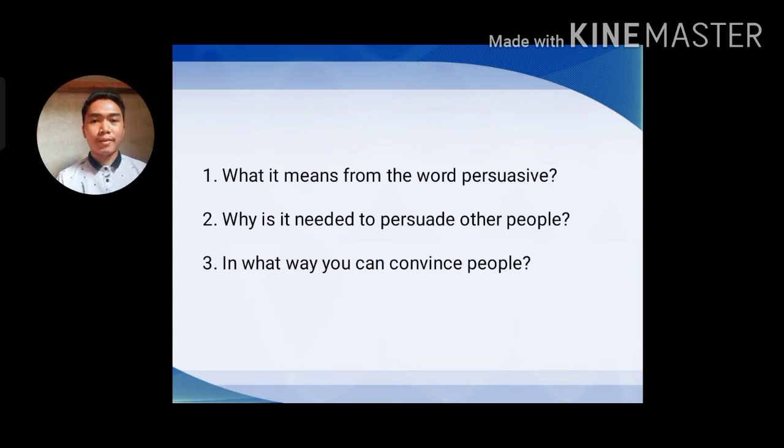Yes, Mr. Tanaman. Okay, very good. Another way to convince other people is to speak about the facts, or to speak about the truth, because if you tell them the fact or truth, they will believe it easily.